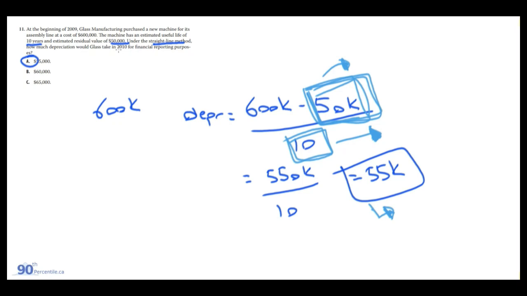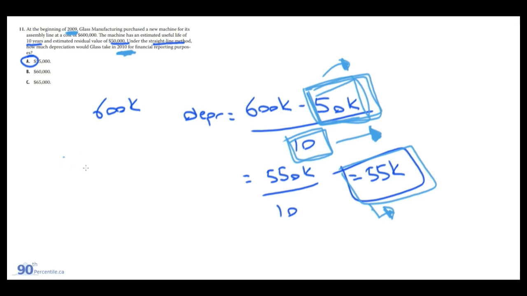Notice that we were depreciating this asset in 2010, and it was purchased at the beginning of 2009. So this is actually the second year of the asset's life, and we still have the same 55K depreciation, but the net asset value on the balance sheet would be the 600K.